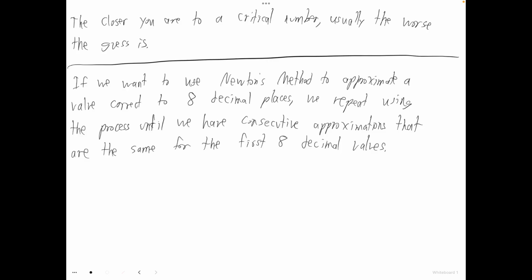So basically just keep using Newton's method until you get 2 approximations, one after the next, that are the same up to 8 decimals.